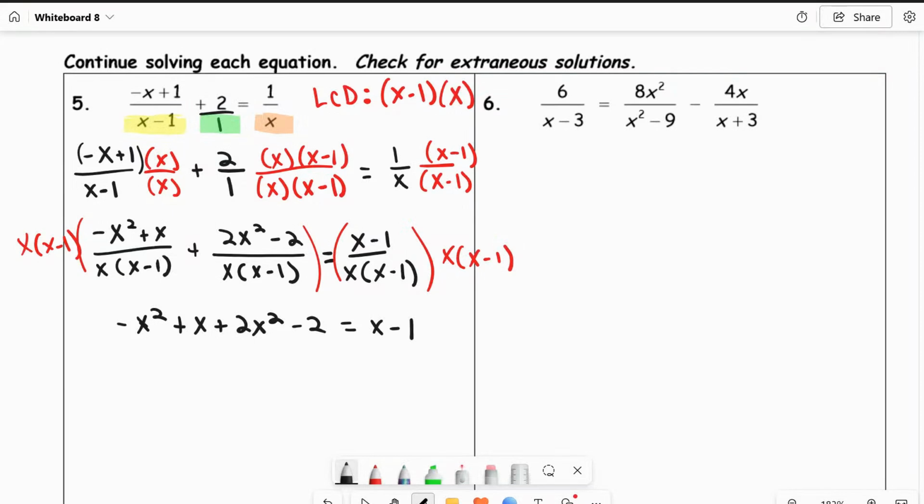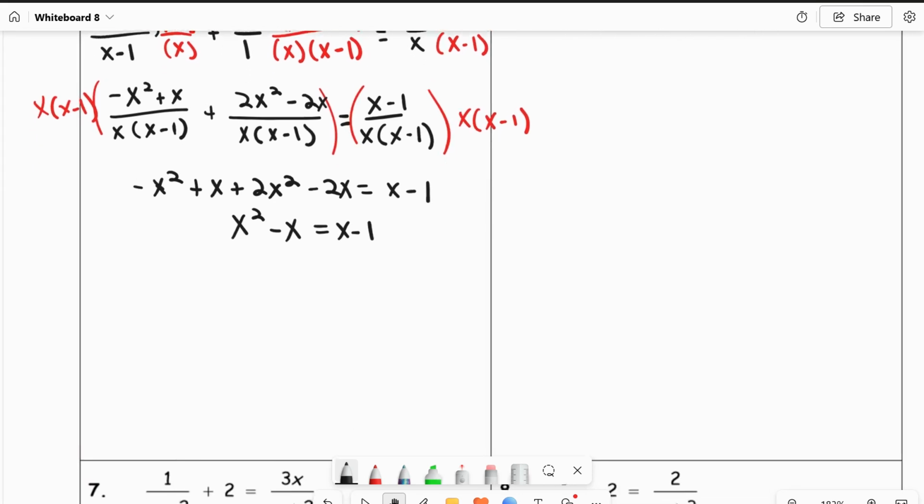So now I'm going to combine like terms on my left side just to simplify this a little bit. Negative x squared plus 2x squared is just going to give me x squared. Oh, I forgot an x here. My bad. x minus 2x is just going to give me negative x, equals x minus 1.